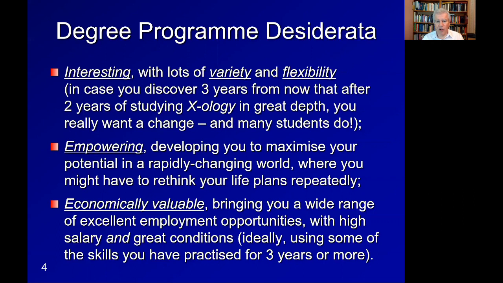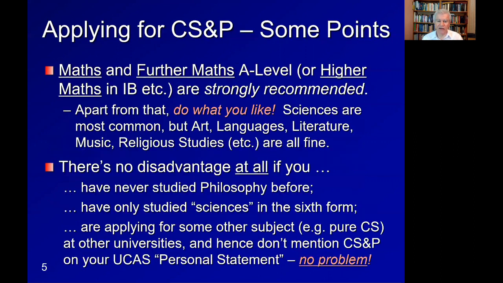So there's a lot to be said for choosing a degree program that gives you lots of flexibility, so that if your interests change over the next 2, 3, 4 years, you can follow those interests and mold your degree program to fit your interests, rather than having to stick on rigid tram lines for 3 or 4 years. It's great to have a subject that's empowering, that's economically valuable. That clearly is true of computer science and philosophy.